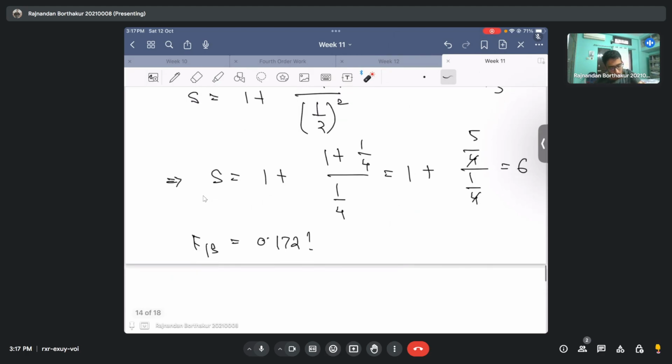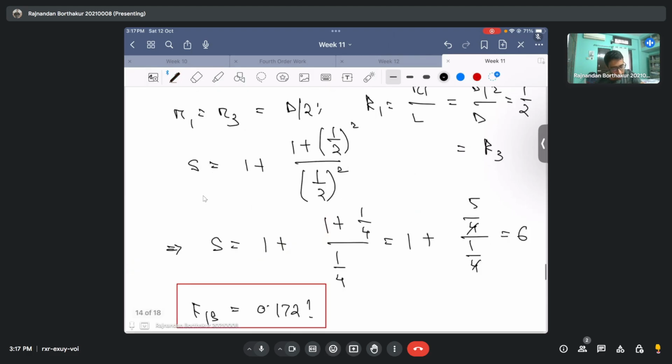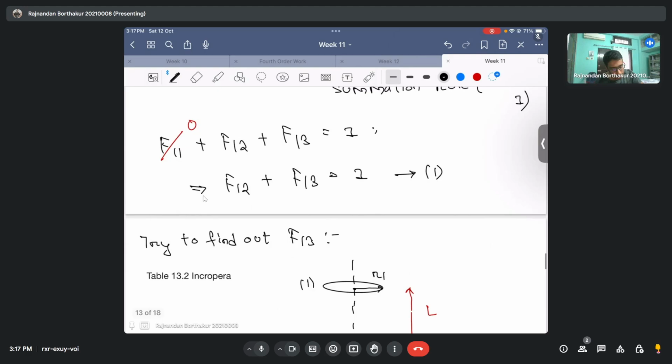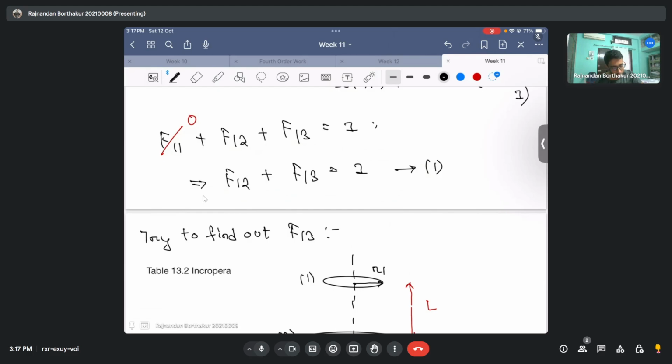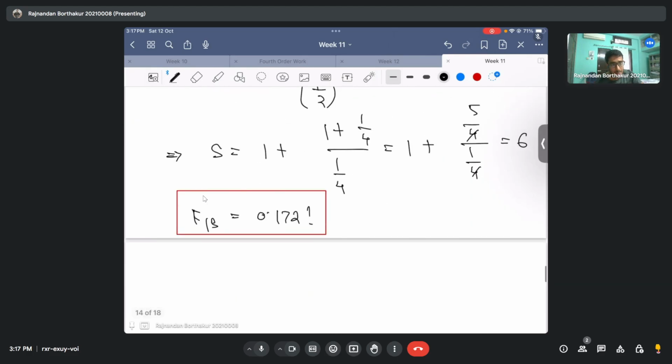So this means you now know your F13 from this calculation. Now, if you know F13, you can use this equation to calculate F12. That is basically the summation rule.